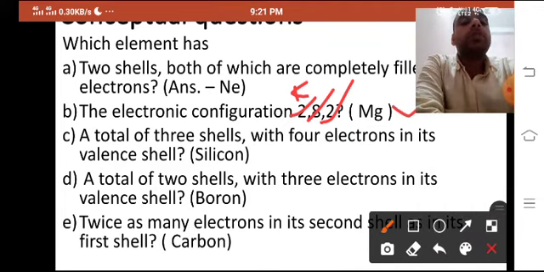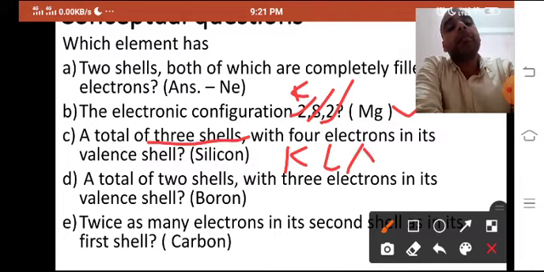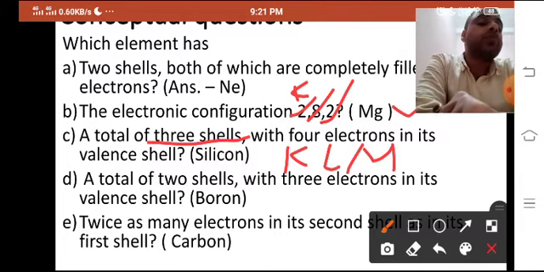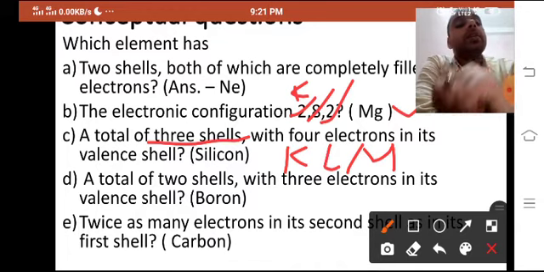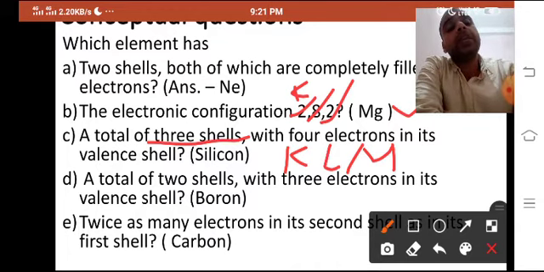A total of three shells, that means K, L, M, three shells are there with 4 electrons in its valence shell. 4 electrons in its valence shell, that means M has 4 electrons, and the rest are fully occupied.